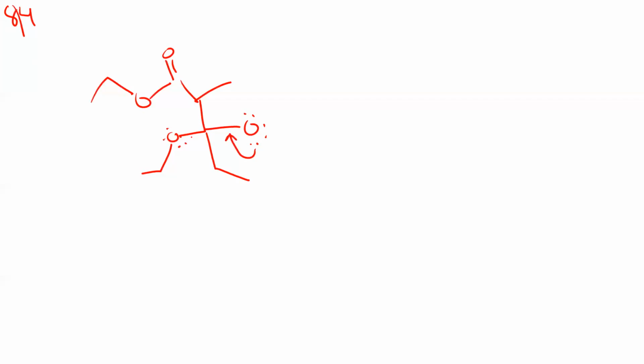These electrons come here, and this bond will be released to here. So that's gone. So now we're on to step 5. Now we're going to take the leaving group.